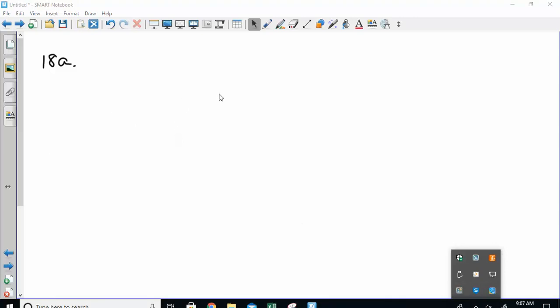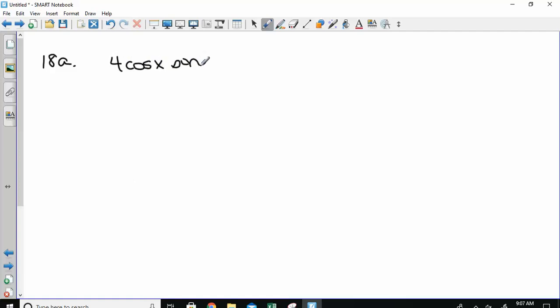Okay, so 18, implicit differentiation. On the left, when I have a cosine x and a sine y, what am I going to have to do? What happens if you did 4?